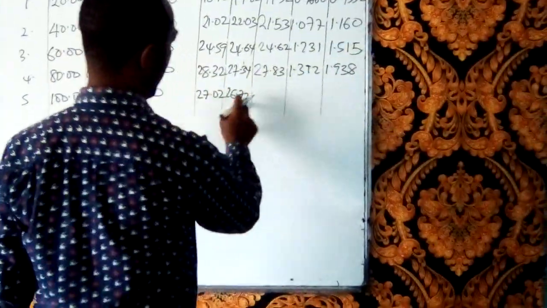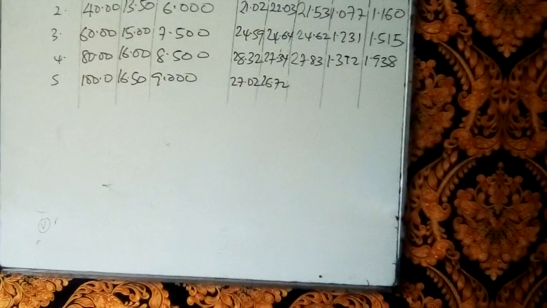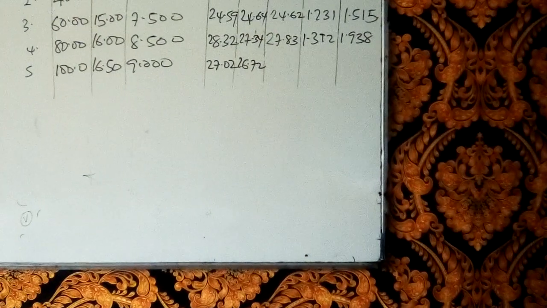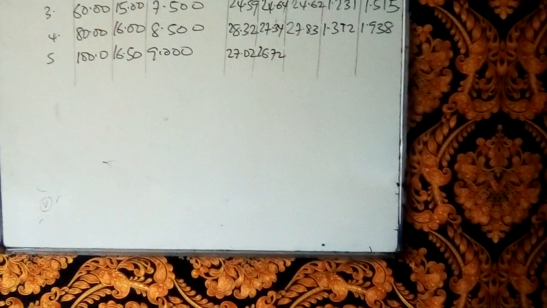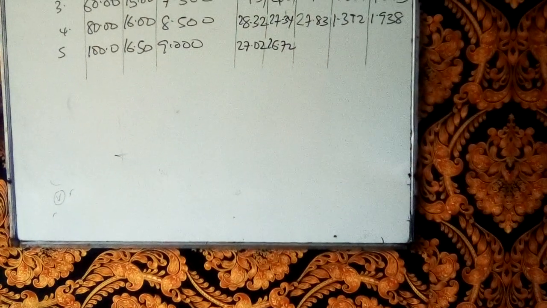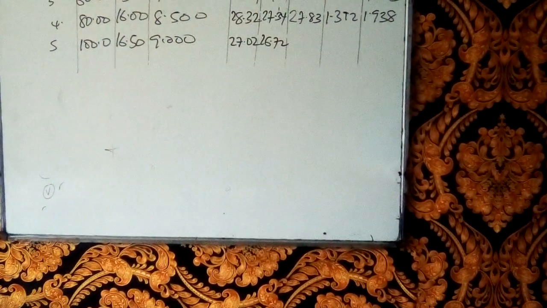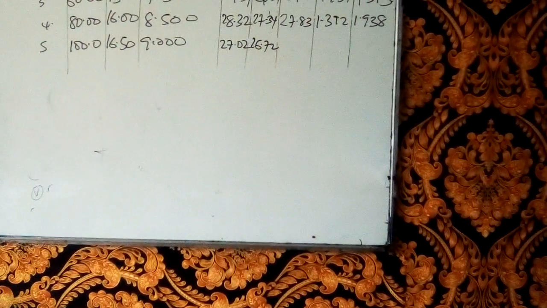So please find the average of this. The 27.02 plus 26.72 divided by 2. 6.72 divided by 2.